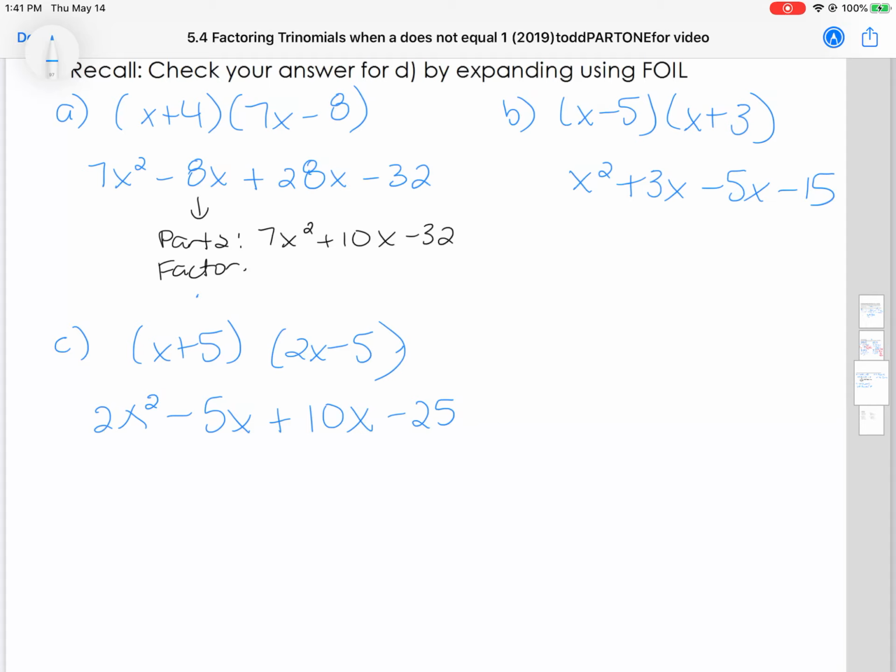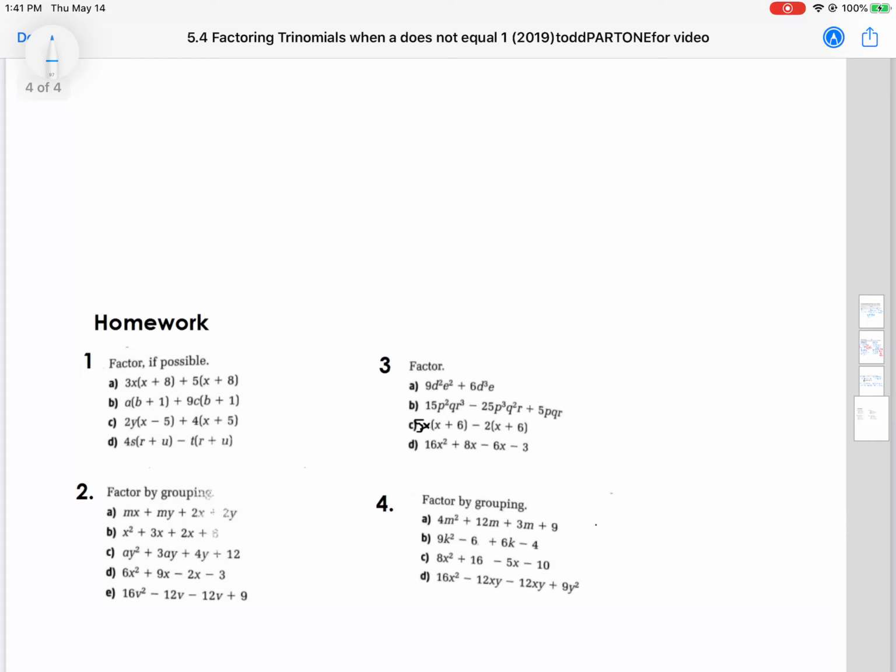Inside, last. First, outside, inside, and last.